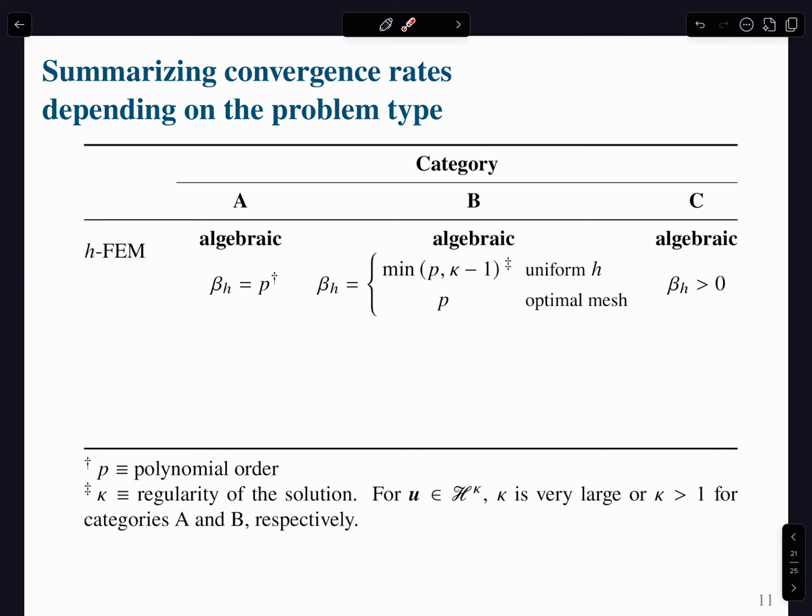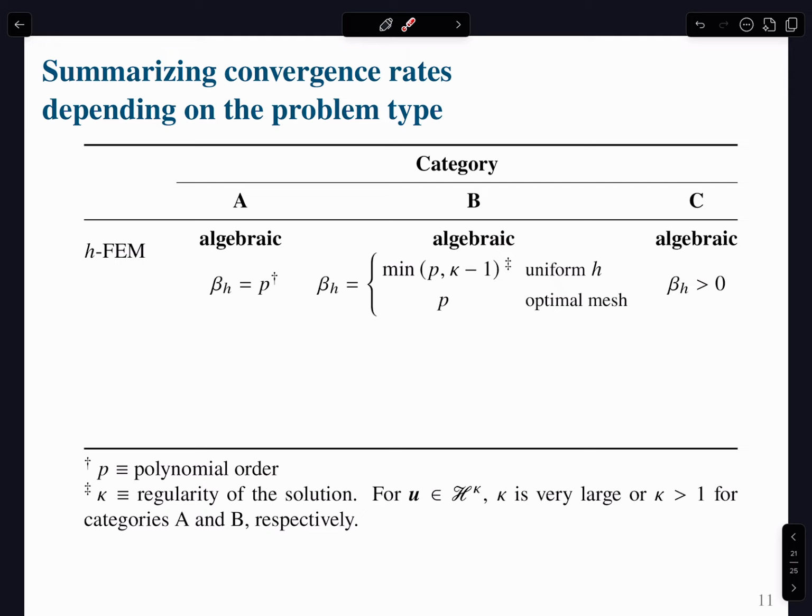And for non-smooth problems, K may be much lower, and it may end up deciding on the convergence rate. So for problems in category A, which you remember were the very nice, very smooth problems, the convergence rate is equal to P, all right? And this is, again, when I'm plotting as a function of h.